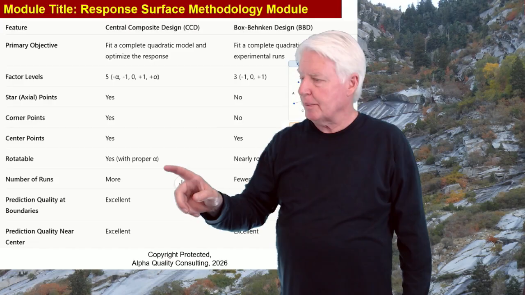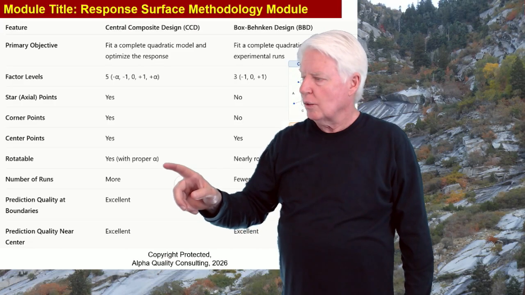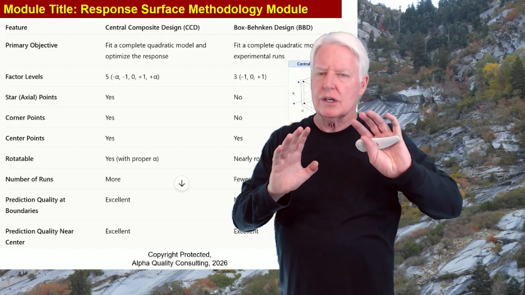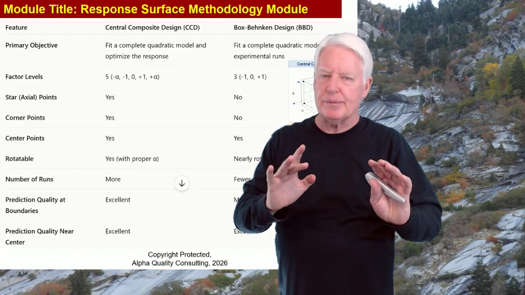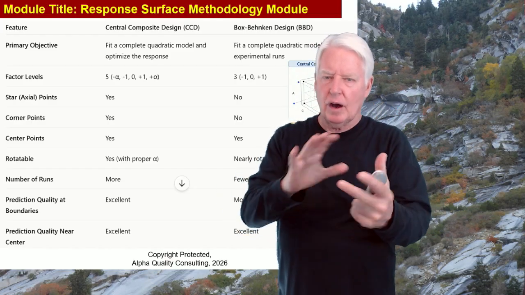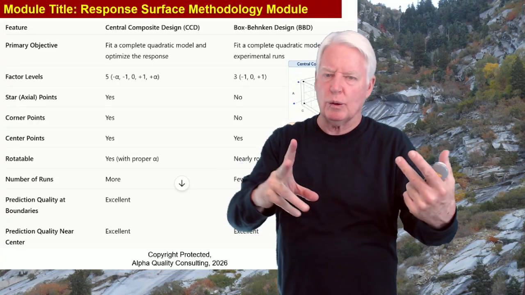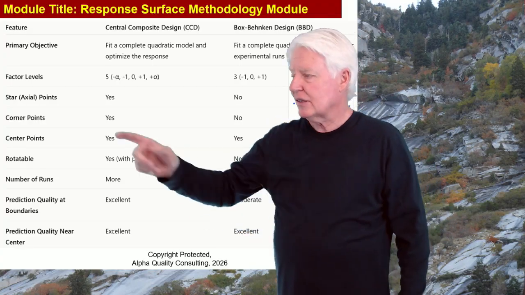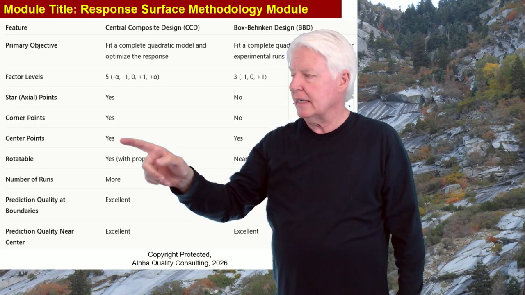Rotatable, yes, with a proper alpha, that is correct. What does rotatable mean? It means it's a pretty good model that we can use to predict things off the optimum. So all around it, that's why they call it rotatable. We can now predict things that happen all around this thing. That's, I think, pretty good for CCD.